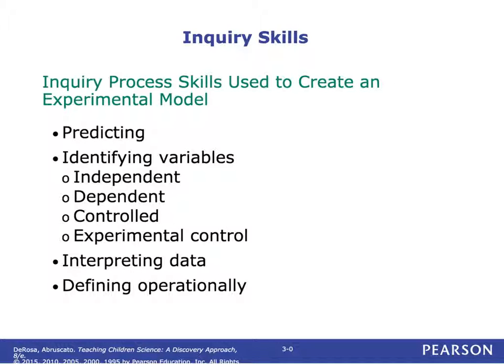Okay, so in identifying the variables, the independent variable is the thing under study that we want to test. So in the example of the butterfly, whether or not it will be attracted to the yellow flower is the independent variable. It's the thing that we predicted that the butterfly would be attracted to.